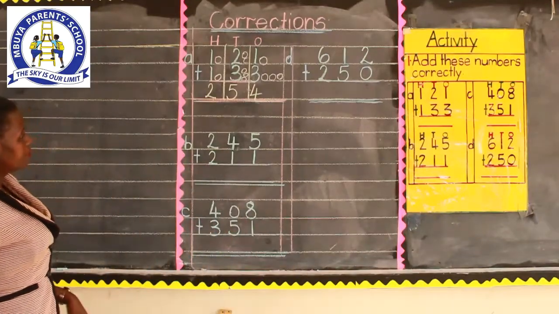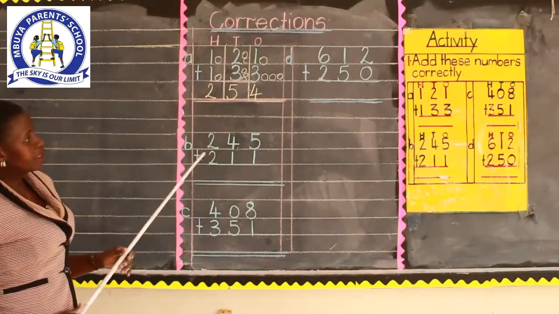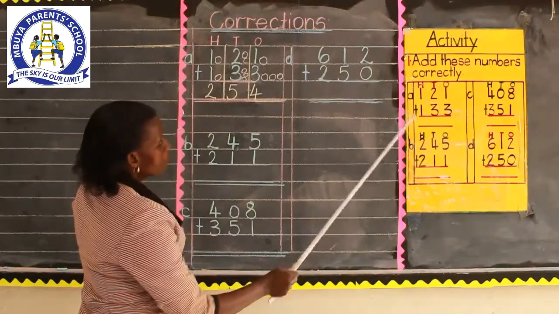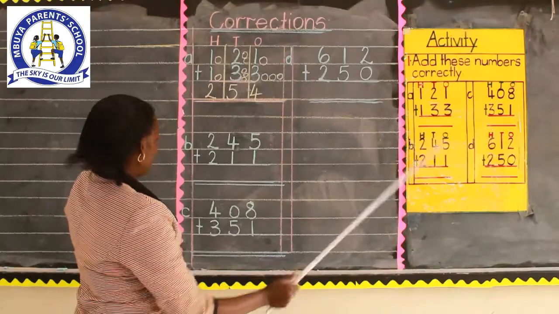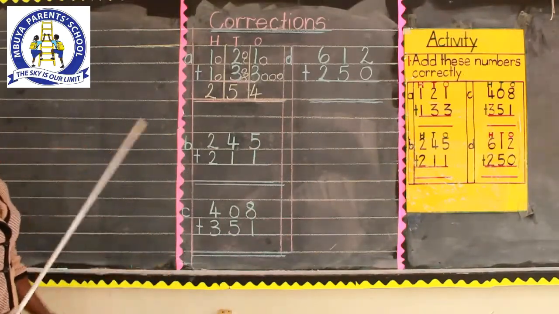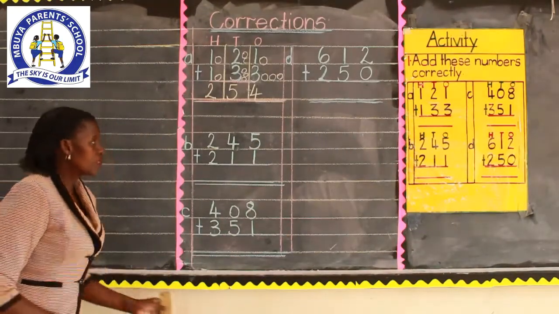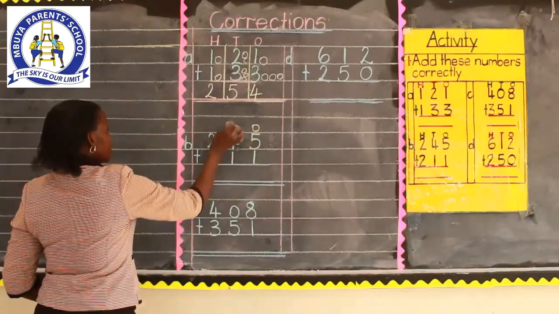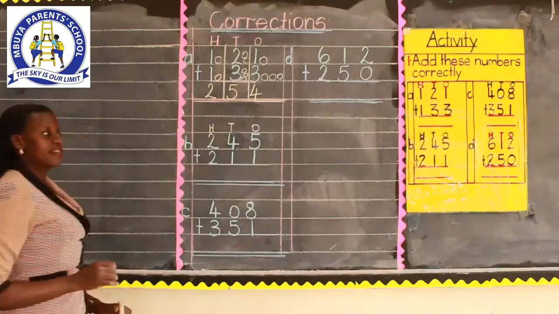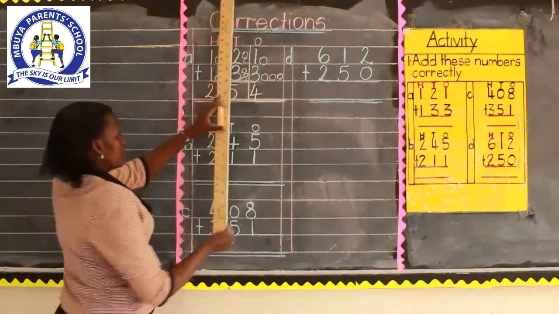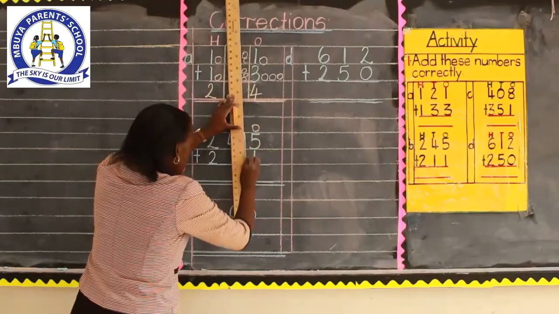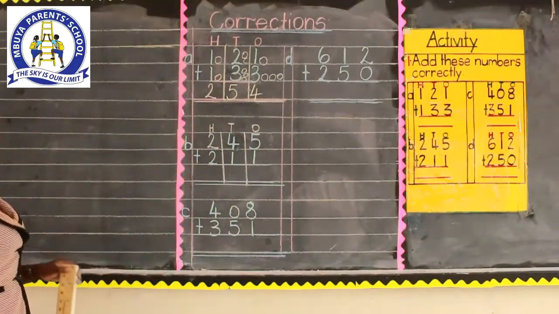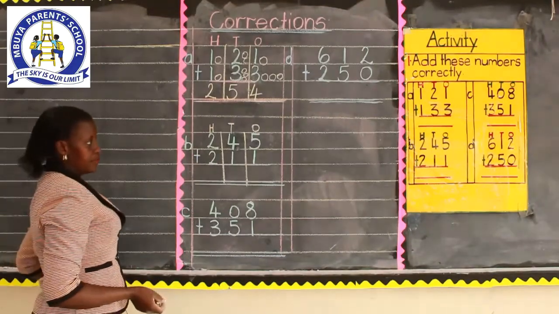Let's look at part B, which is saying 245 plus 211, which is here. Following the steps, place values, ones, tens, then hundreds. We separate the place values by drawing a vertical line, just like this. Then from there, we draw balls.